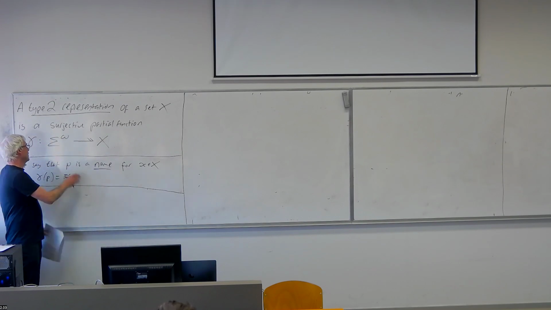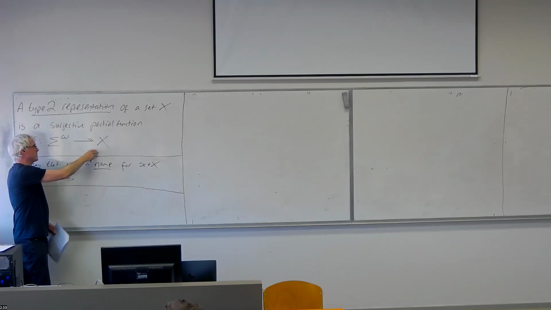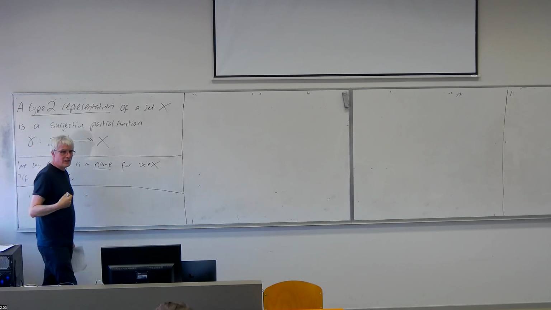Now this set has cardinality the continuum, the same cardinality as the set of real numbers. We can get such surjective partial functions whenever we have sets that have cardinality continuum or less. So we can now represent sets that are not countable.